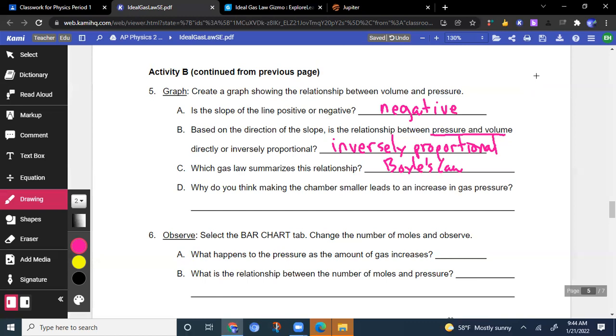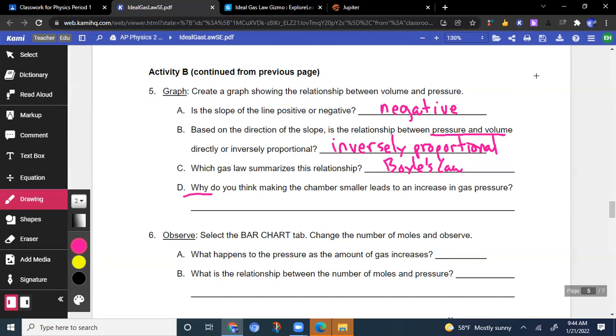Part D, do you think making the chamber smaller leads to an increase in gas pressure? Okay, now why? But if you're making it smaller, what's increasing? Don't say pressure. The number of collisions increases, therefore the pressure increases. Right?